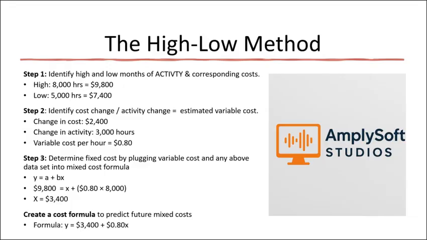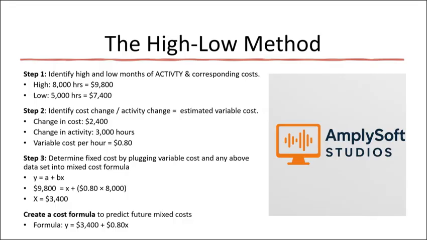For both methods, we take a batch of data, like data for a year at a time. In the high-low method, we would look at the data and identify what was the high level of activity for the particular month of the year, and what were the corresponding costs. It's summarized here. The high was 8,000 hours at a cost of 9,800.